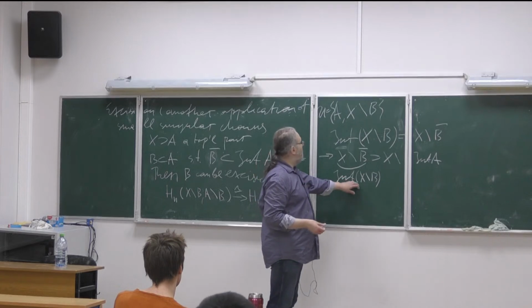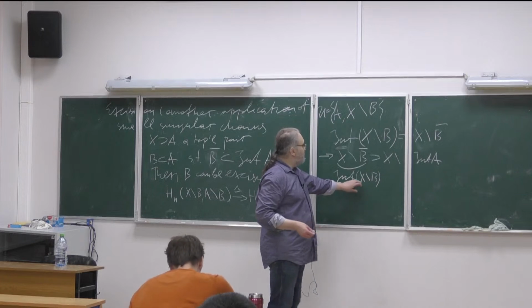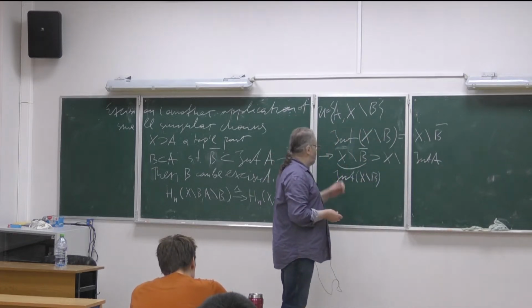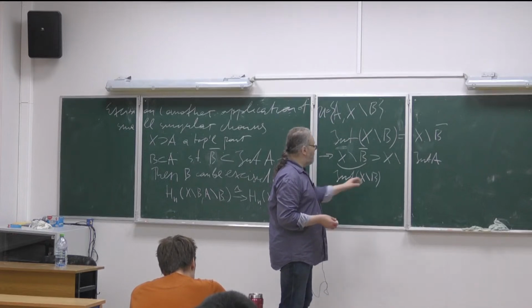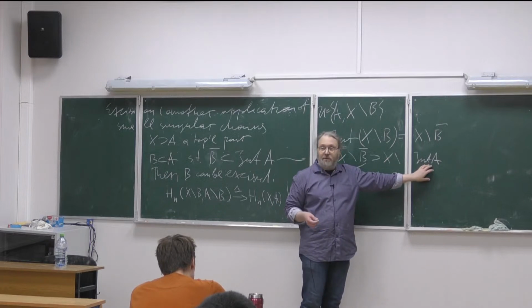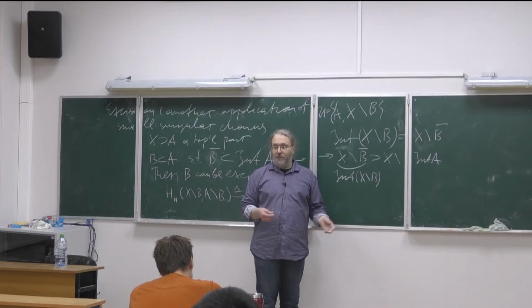The interior of X minus B contains X minus the interior of A. What does this mean? Well, this means if we have a point inside X which is not in the interior of A, this point should be in the interior of X minus B.